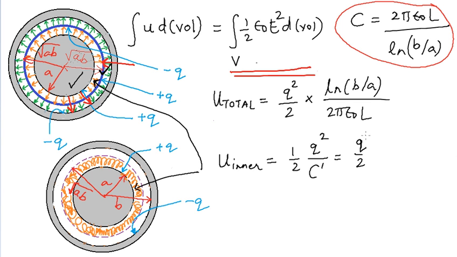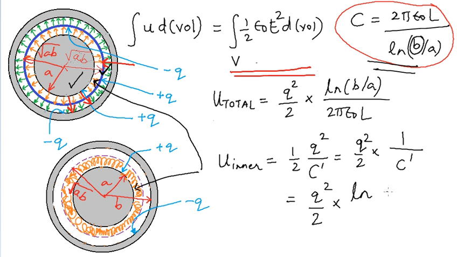It's going to be Q squared upon 2 multiplied by 1 upon C dash, which is Q squared upon 2 multiplied by the reciprocal of C dash. I'll once again use this formula, so I have ln, where B, the inner radius of the outer cylinder, is now root of AB.